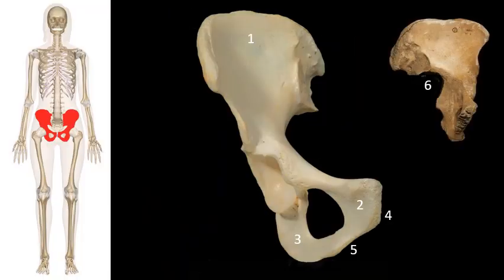Okay, so here we have an innominate bone, sometimes referred to as the os coxa. We don't call it that. Some other people do. The other thing to remember here about the innominate bone, this is something you really need to focus on when you're collecting data, because it just provides that much information.